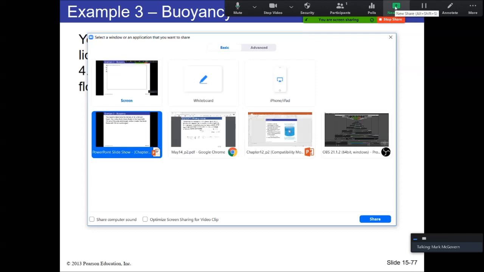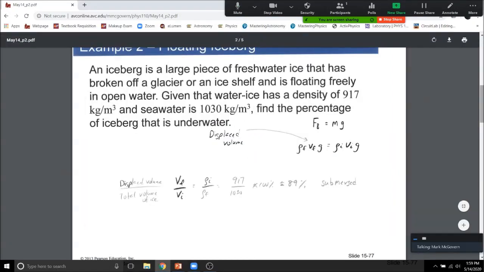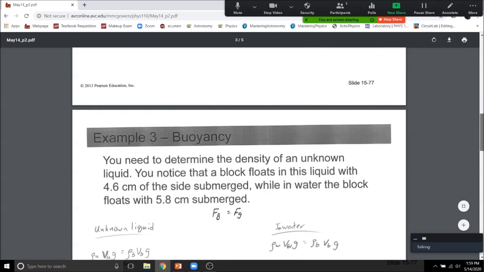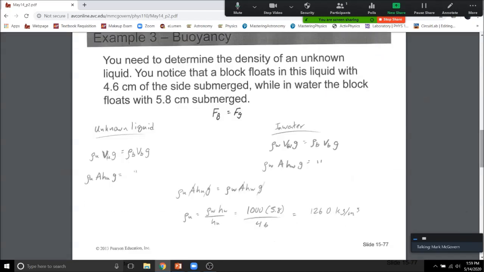Let's get to another example. We want to determine the density of an unknown liquid. We notice that a block floats in this liquid with 2.6 centimeters of the side submerged.